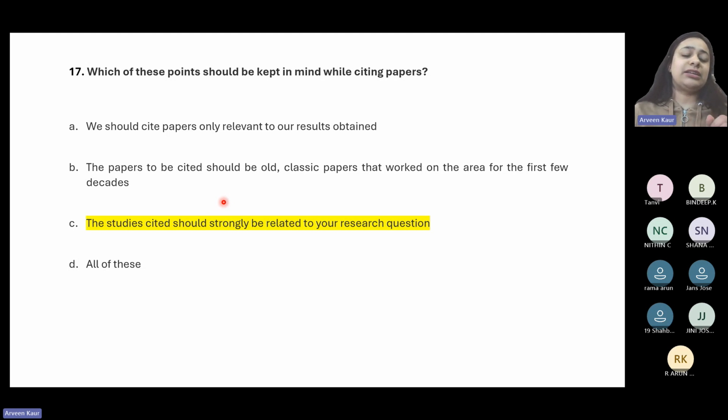Also, along with that, people who first had that idea, who first made that model, etc. That should also be done, but it should not be old papers that are cited, right? The latest papers should actually be cited.